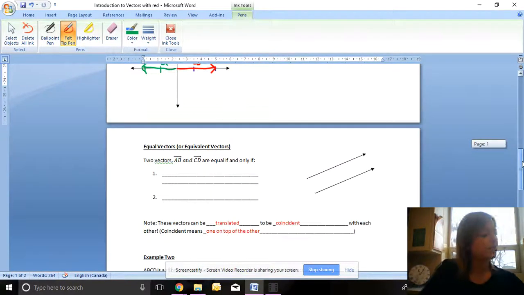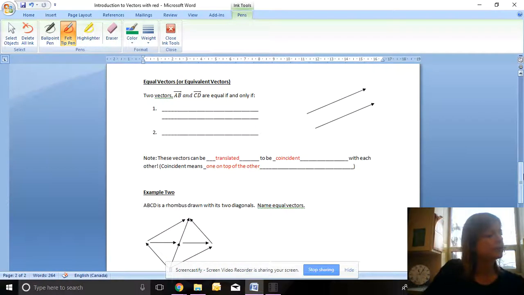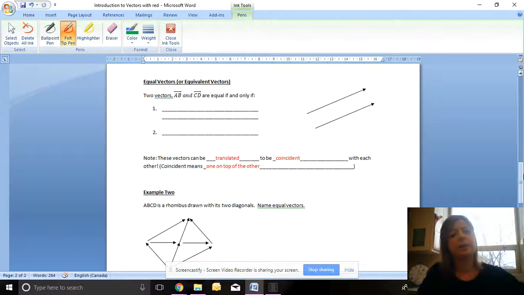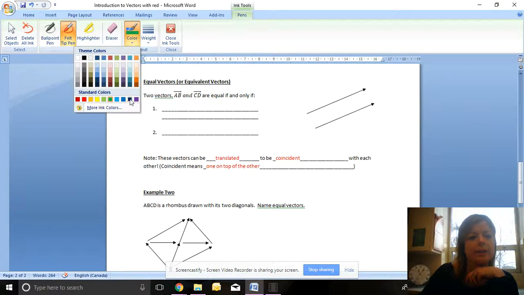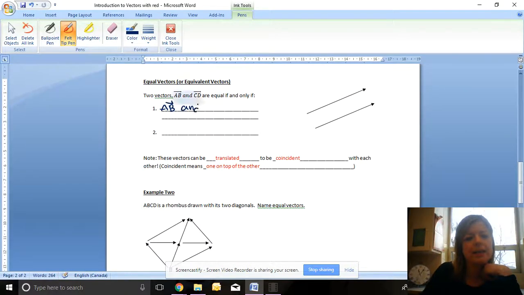Okay, so now we get to equal or equivalent vectors. So two vectors, AB and CD, are equal if and only if, okay, we have to meet two criteria here. The first criteria is that AB and CD are parallel and in the same direction.